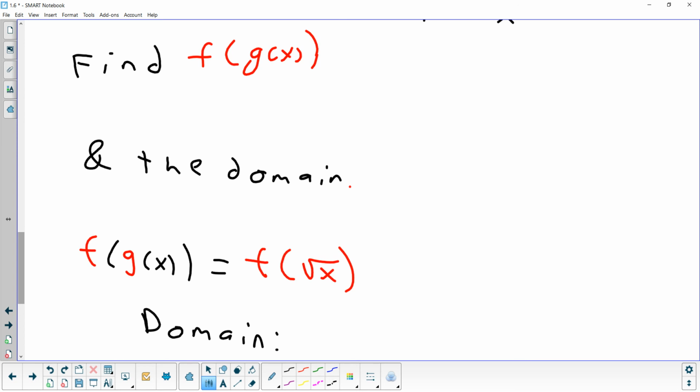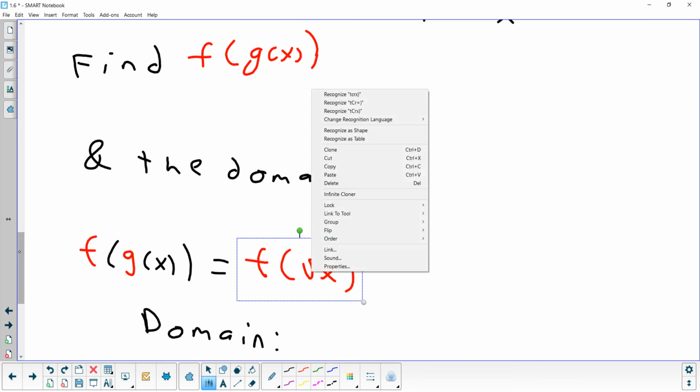So Bailey, in the f formula, what am I going to replace all the variables with? Whatever's inside the parentheses tells you what you're replacing the variable with. The square root of x. F of square root of x means in formula f, replace the variable with what's in the parentheses.